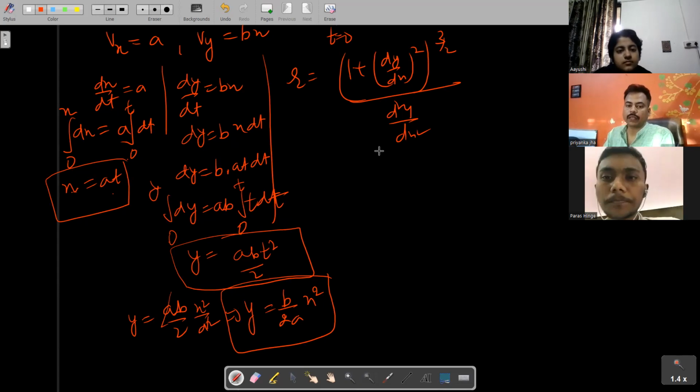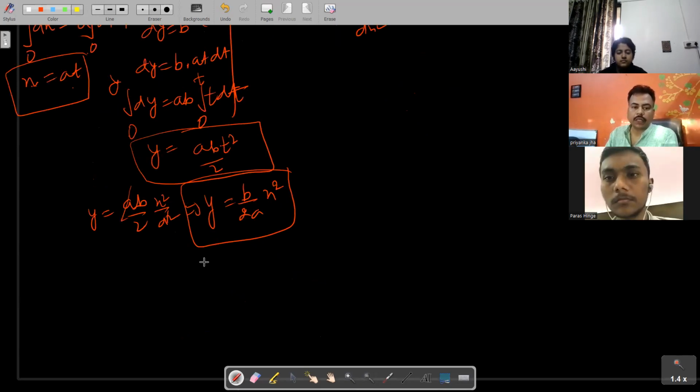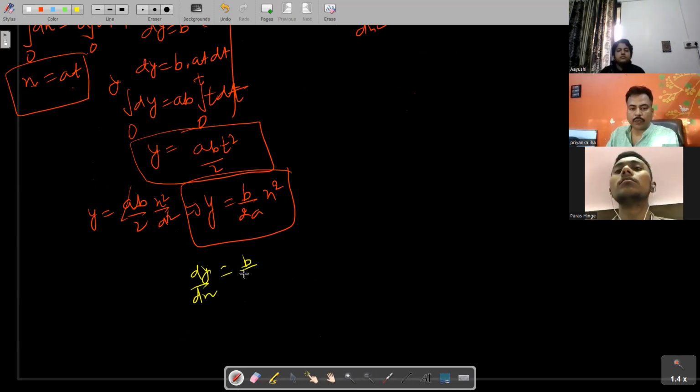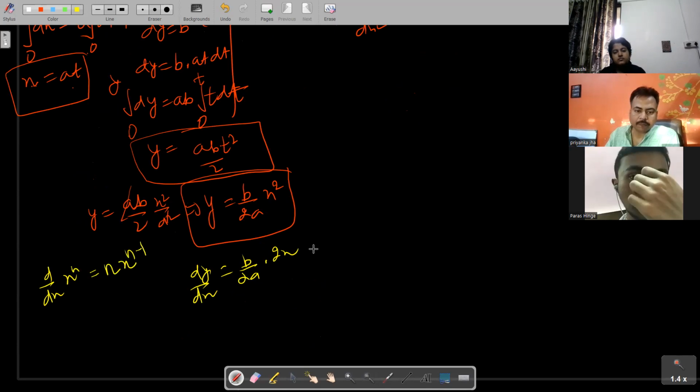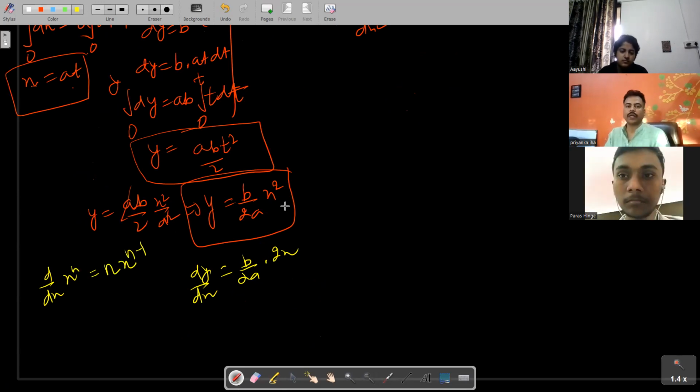Now you have to find dy by dx. So differentiate y with respect to x. So b by 2a is constant, and differentiation of x squared will be 2x, because if you differentiate x raised to n, the power will come down, and x will have 1 less power. So for x squared, 2 will come down, and it will have 2 minus 1.